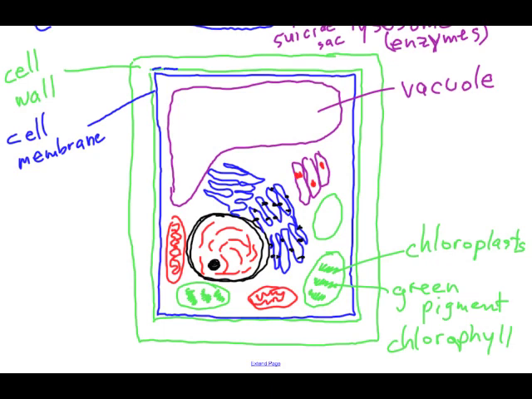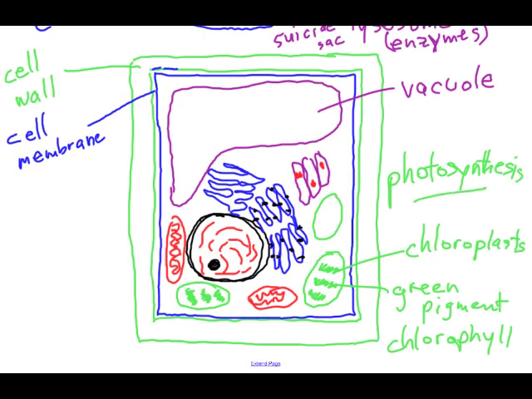So this green chlorophyll uses the energy from the sun to convert the things it needs. We water the plant, we expose it to the air, which has carbon dioxide that it takes in, and in return, when it takes in the sun's rays, carbon dioxide, and water, it will produce sugar in the form of glucose, and it will produce oxygen that we need, and this is the process called photosynthesis.